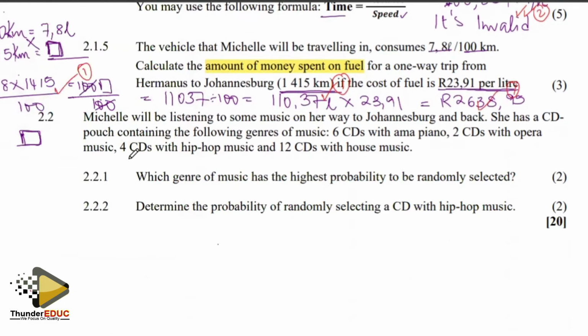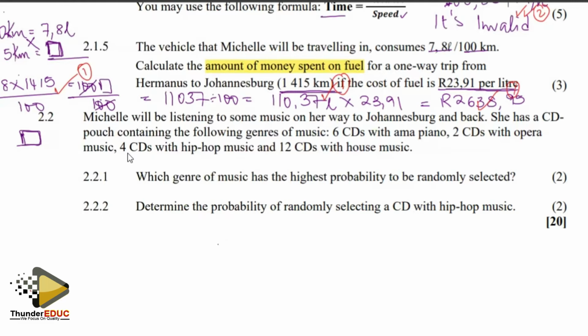2.2. Michelle will be listening to some music on her way to Johannesburg and back. She has a CD pouch containing the following genres of music: 6 amapiano, 2 CDs of opera, 4 CDs of hip hop and 12 CDs of house music.